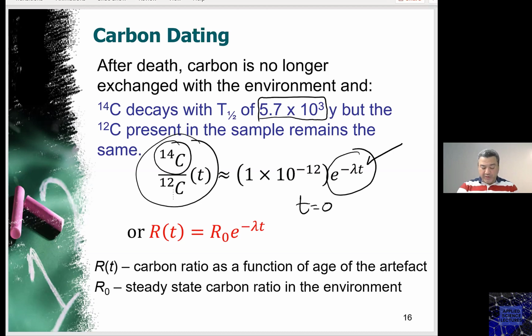So if we call this carbon dating ratio R of t, that is also a function of time, and this constant ratio R naught, then this function defines the decaying function for the ratio of the C14 with respect to C12.